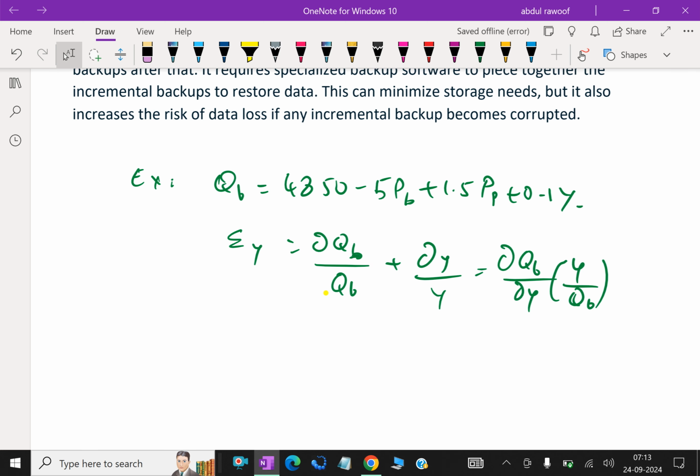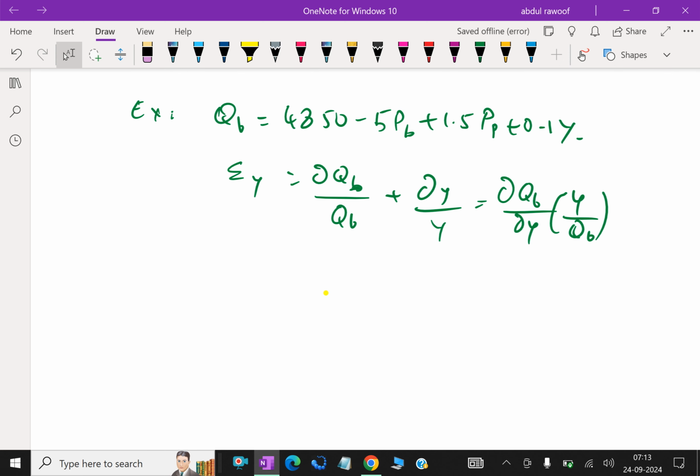Substituting some values here, we can substitute Y equal to 10,000, PB equal to 200 and PP equal to 100. Put these values here.